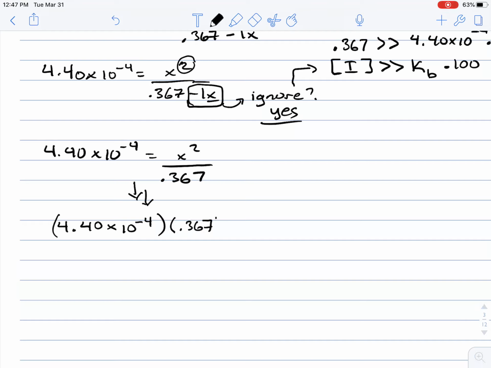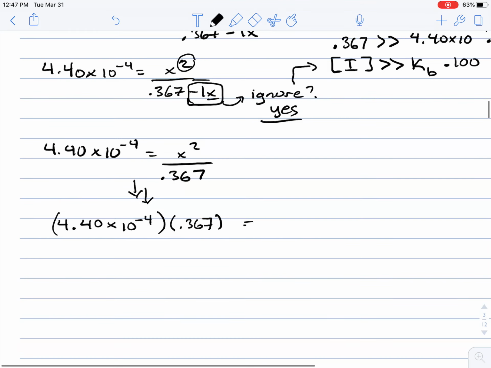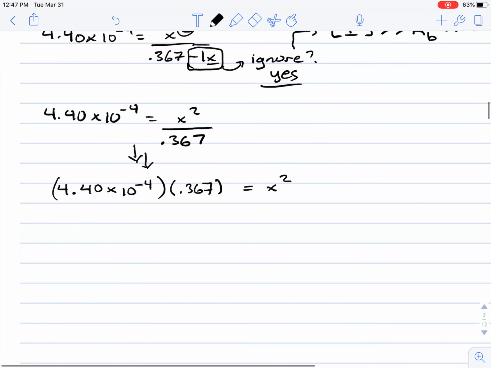So we're multiplying 0.367 to the other side, and that's going to equal our x squared. And so to get rid of this square, we're going to take the square root of both sides.